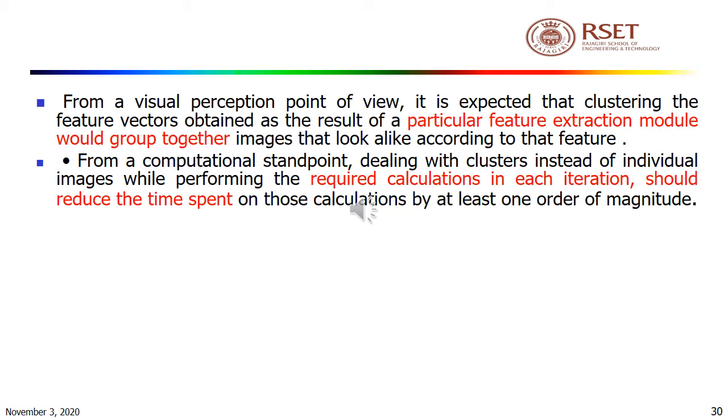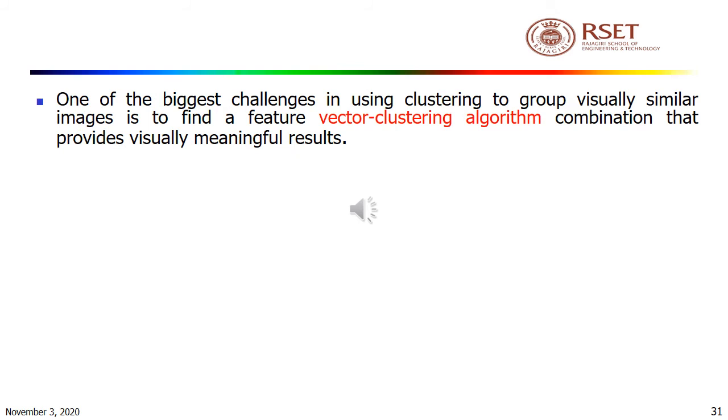From the computational point of view, dealing with clusters instead of individual images while performing the required calculation in each iteration should reduce the time spent on those calculations by at least one order of magnitude. One of the biggest challenges in using clustering to group visually similar images is to find a feature vector and clustering algorithm combination that provides visually meaningful results.